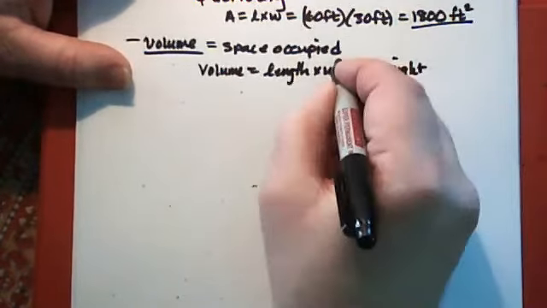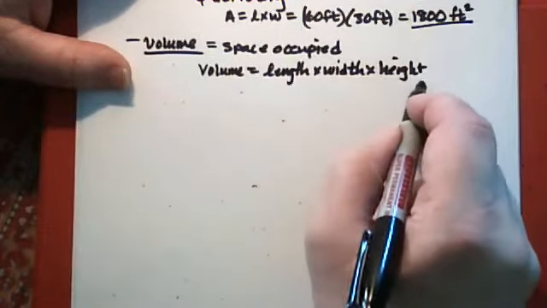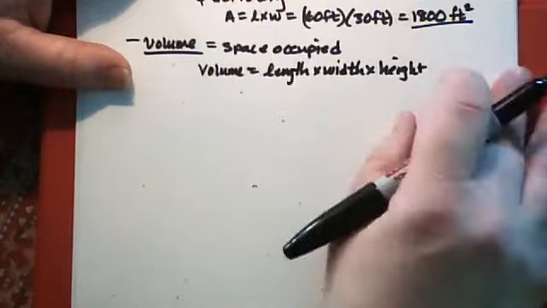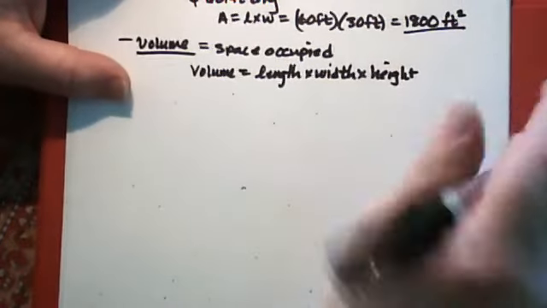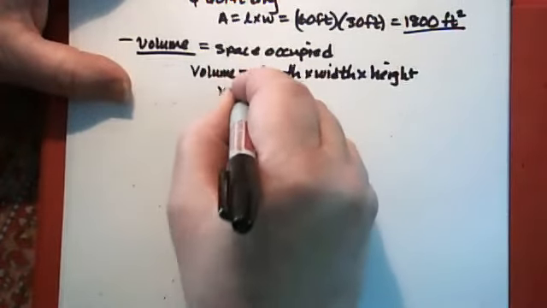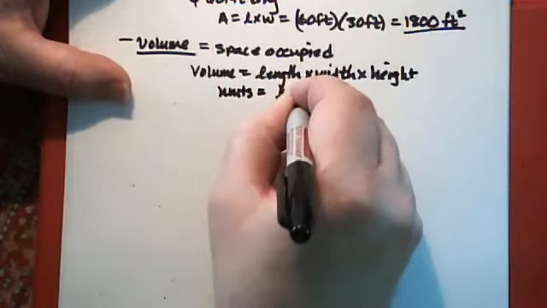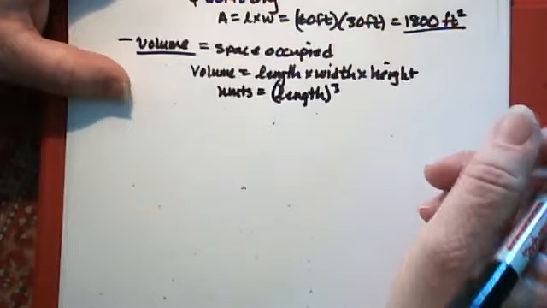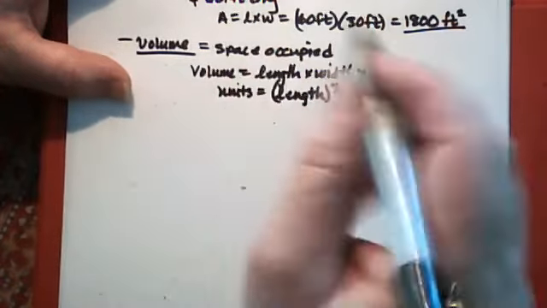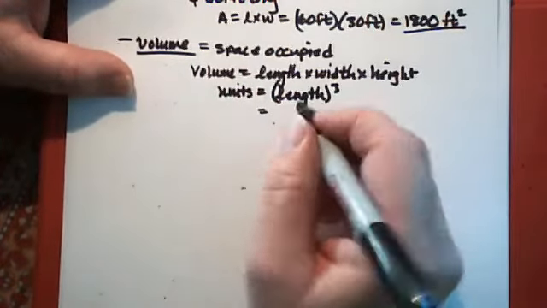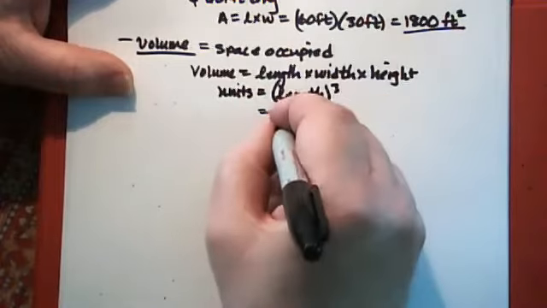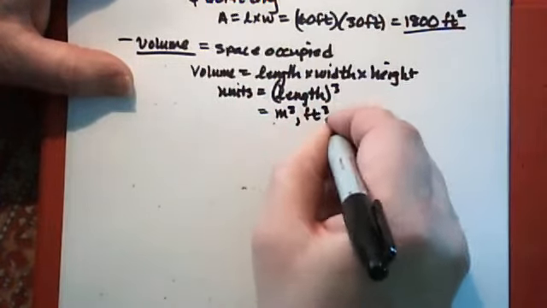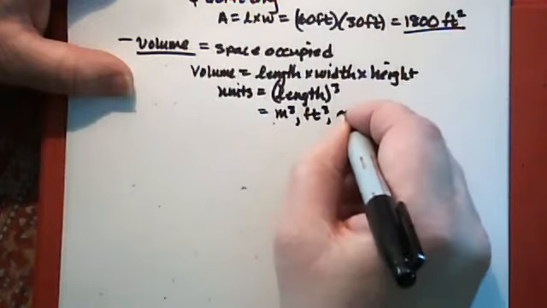But width and height are just other types of length. And we just use different words to distinguish one measurement from another when we've got something like a box. And so the units would be length units to the third power, or length units cubed. Some examples of those would be cubic meters, cubic feet, cubic inches.